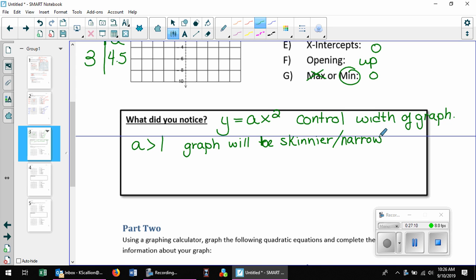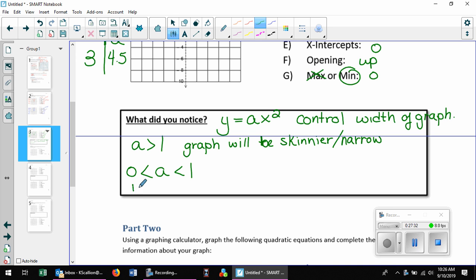Wider. Okay, so I'm going to make a statement about that. A has to be less than 1, right? Because that's a fraction less than 1. But it has to be greater than 0. I find students have a really hard time reading restrictions, and that's what this is called. I'm saying A has to be a set of numbers.